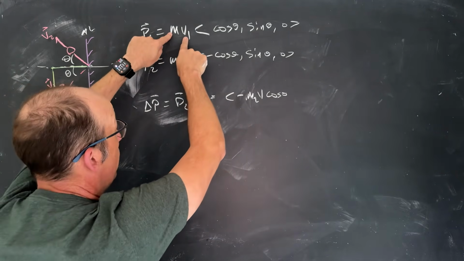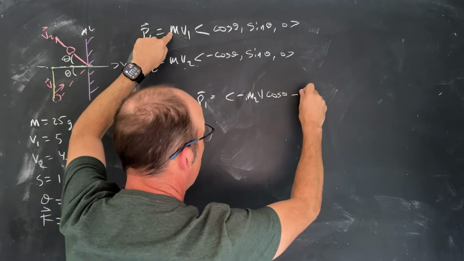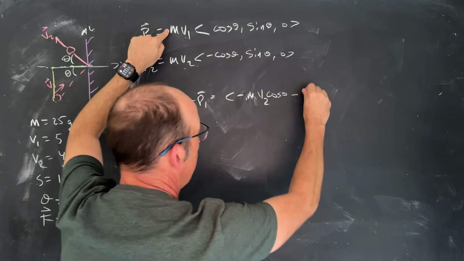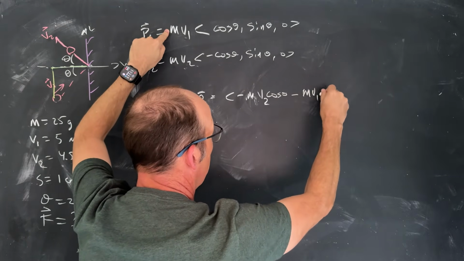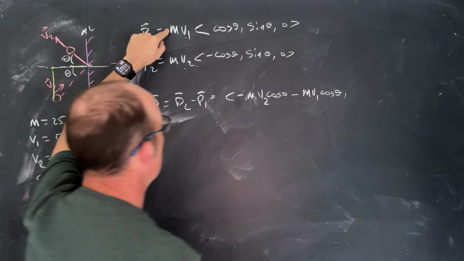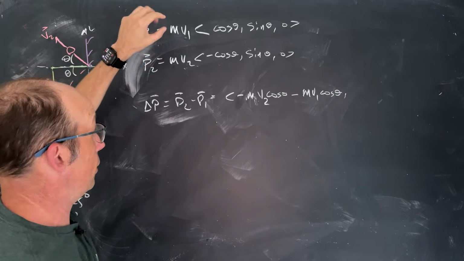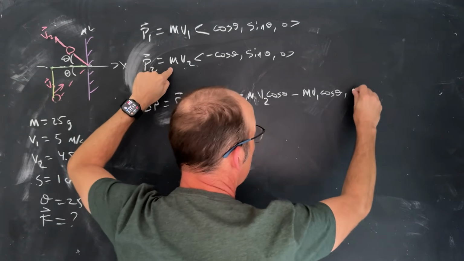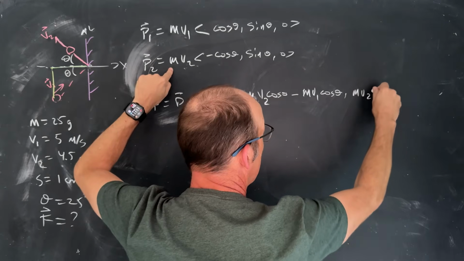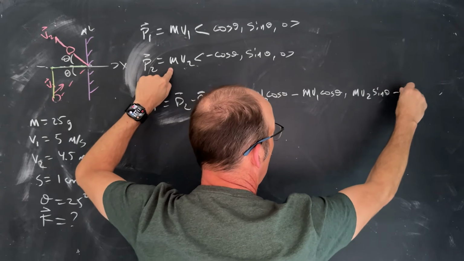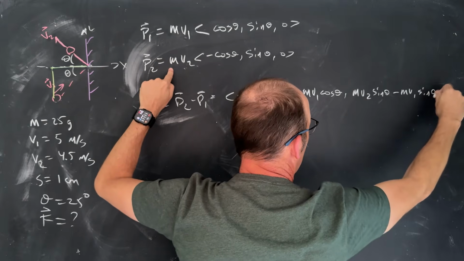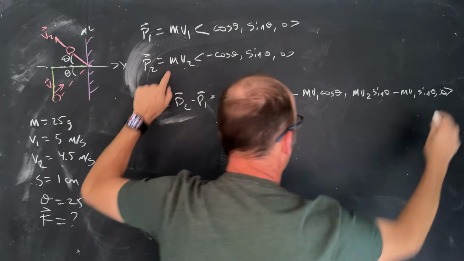And then I'm going to have to subtract the x component up here, which is minus m v1 cosine theta. And now in the y direction, I have m v2 sine theta minus m v1 sine theta, and then there's no z component.